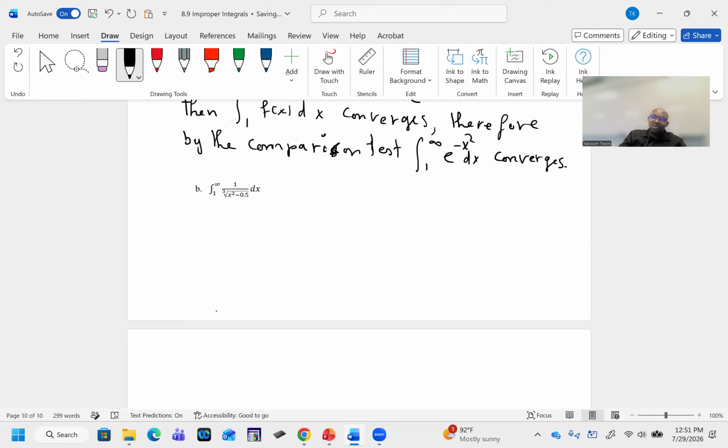So I know 1 divided by cube root of x squared minus 0.5 is approximately equal to 1 divided by cube root of x squared, which is same thing as 1 divided by x to the power of 2/3.